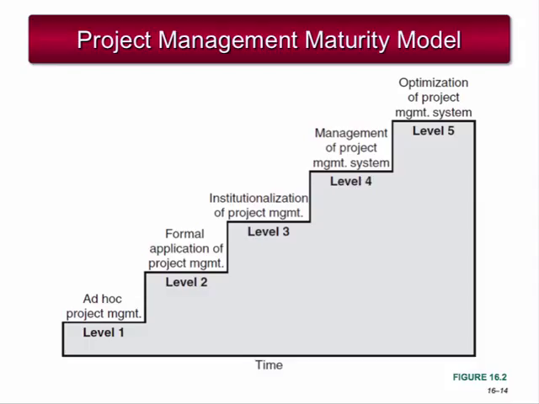Here, the organizational project management system is tailored in order to provide flexibility in adaptation to unique characteristics of a project. Level 4 is the management of project management systems. At this level, organizations develop a system for managing multiple projects that align with the strategic goals. The 5th and final level is optimization of project management systems. An organization optimizes the project management system and focuses on continuous improvement.